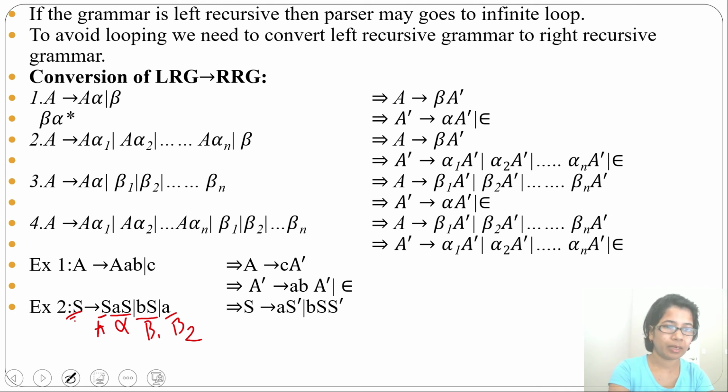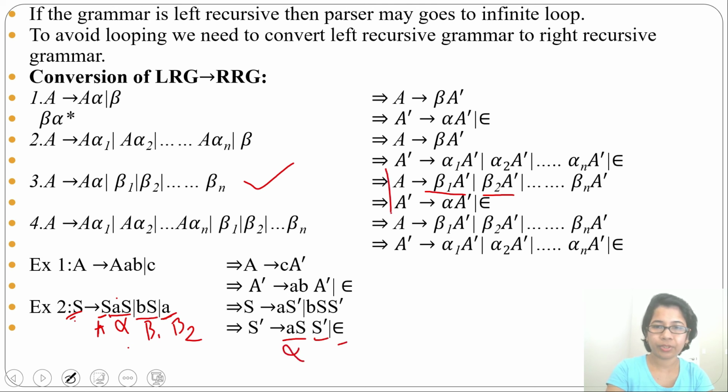Here A is one beta and B S is another beta. So from S you can derive A S dash, B S A dash. This is our beta 2, this is our beta 1. Then from S dash you will derive alpha Kleene closure. What is alpha here? Alpha is A S. From S dash, A S S dash, this is our alpha, or epsilon.